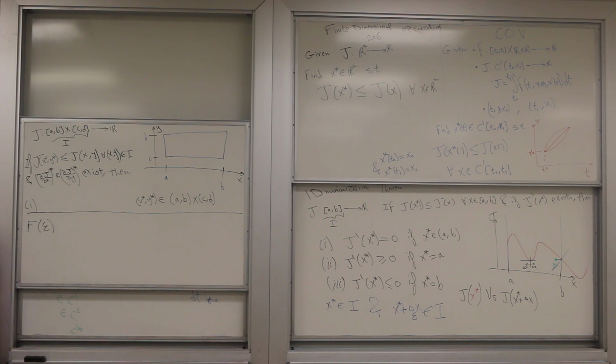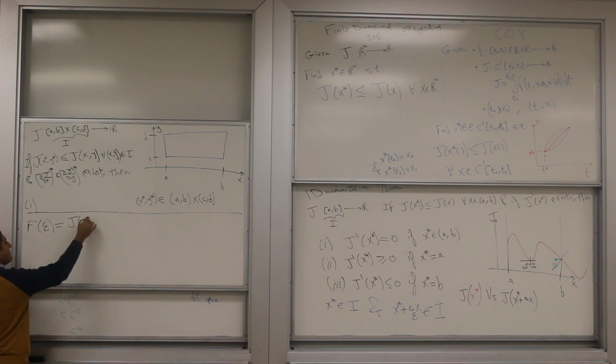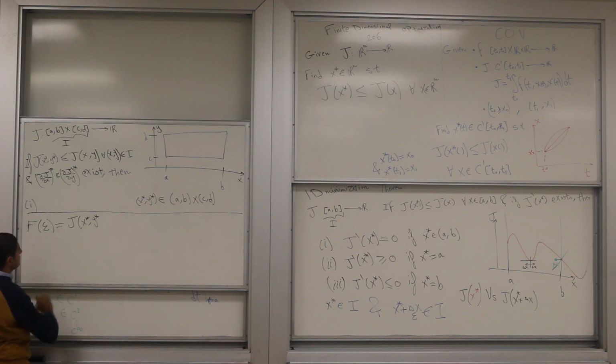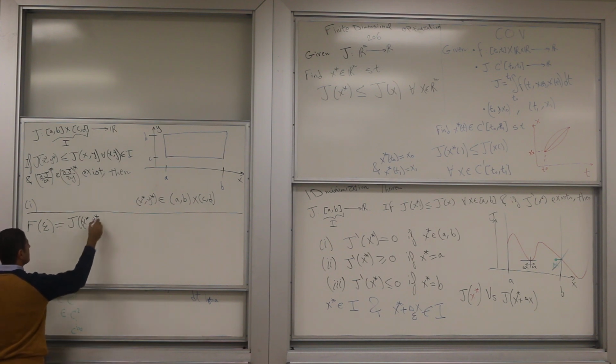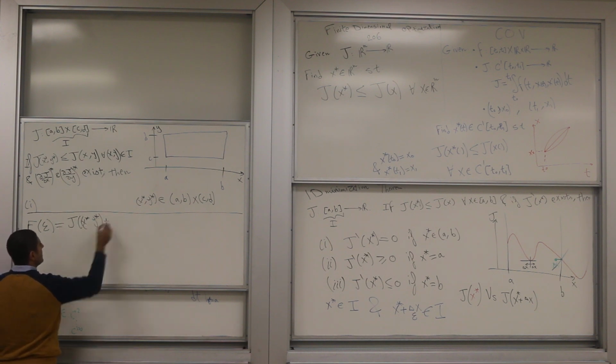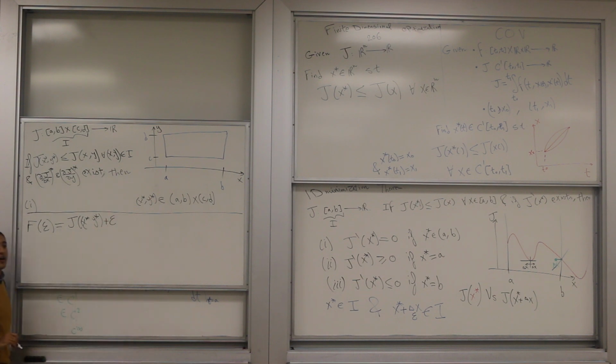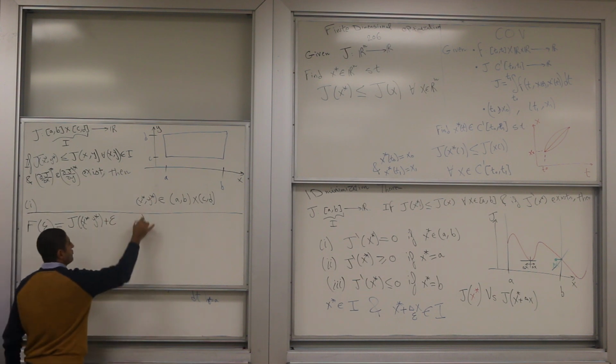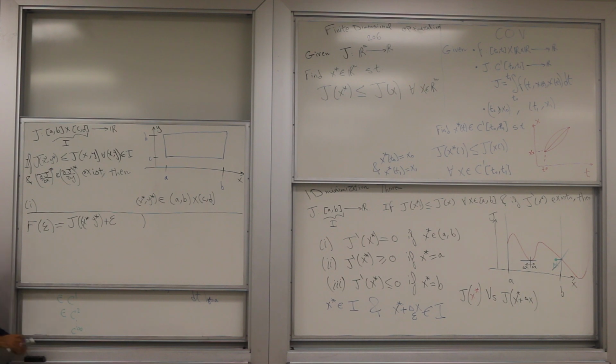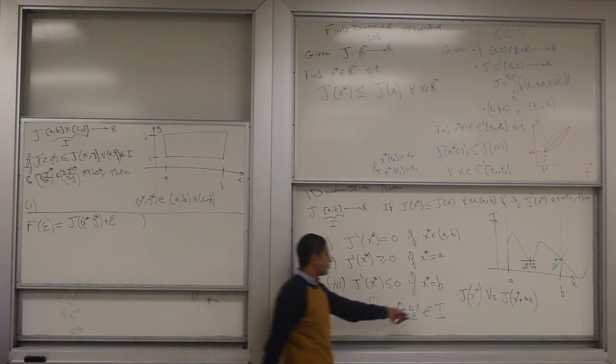F of epsilon is the value at your minimum, the best ever, plus some epsilon multiplied by some perturbation. So it's this constant that we were talking about.